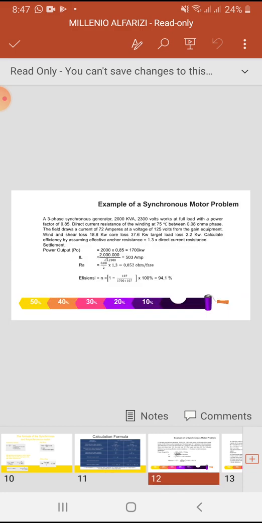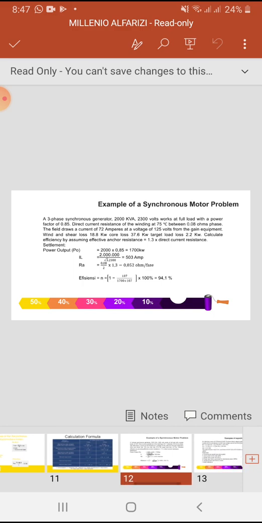Example of synchronous motor problem: a three-phase synchronous generator, 2000 kVA, 3300 volts, works at full load with a power factor of 0.85. Direct current resistance of the winding at 75 Celsius between phases is 0.08 ohms.